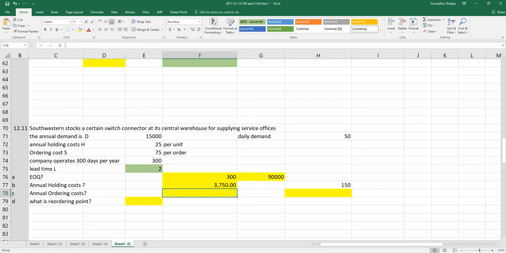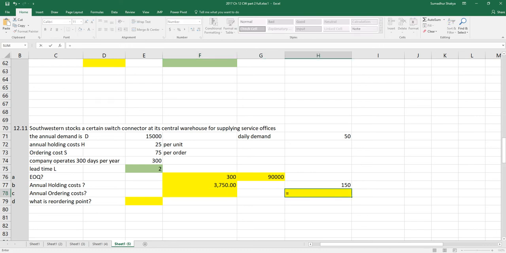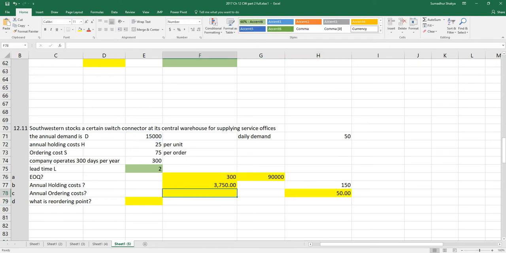Also, the number of orders we'll end up placing is annual demand 15,000 divided by 300, so we'll place 50 orders, and one order costs us $75. Therefore 50 times 75 gives us 3,750.